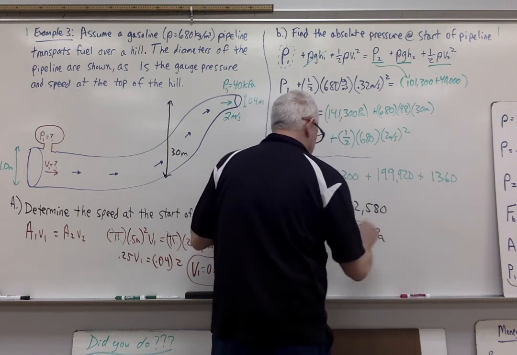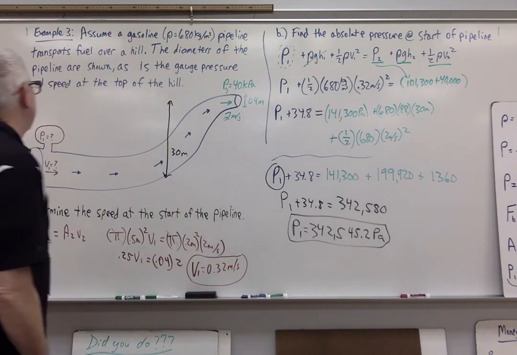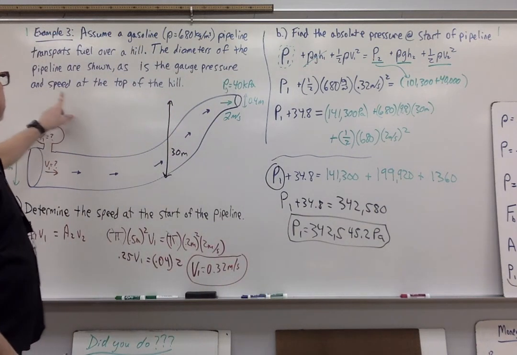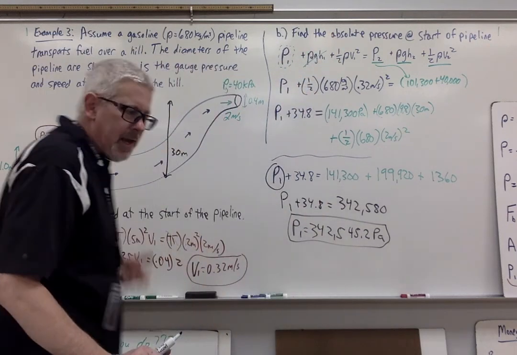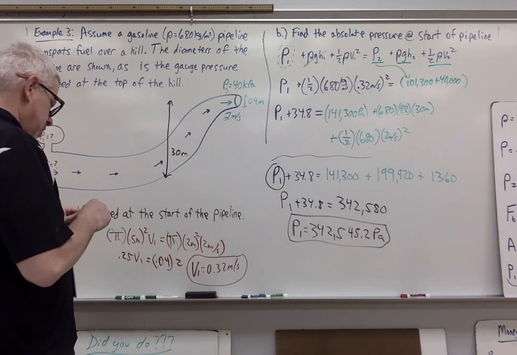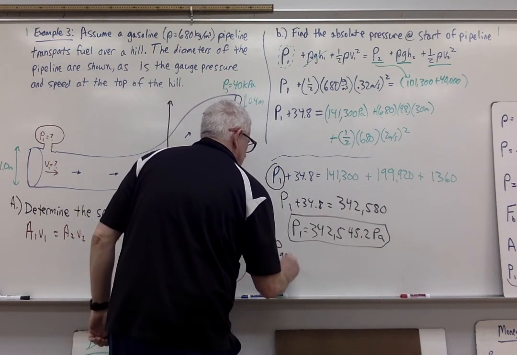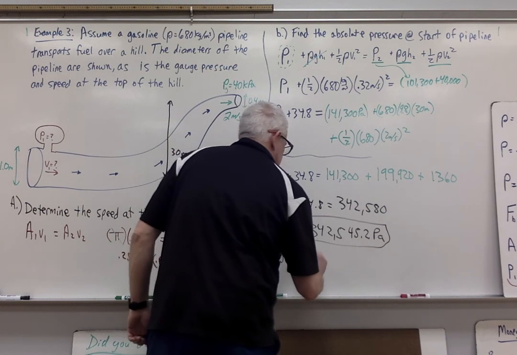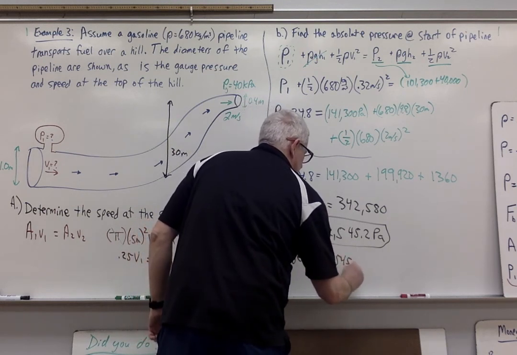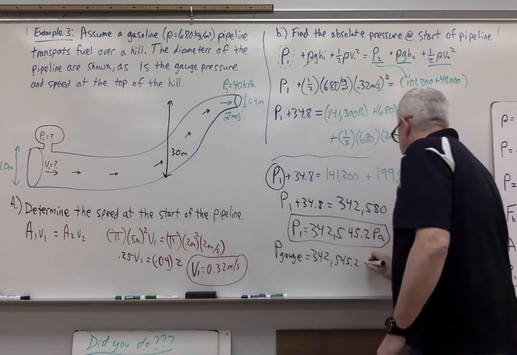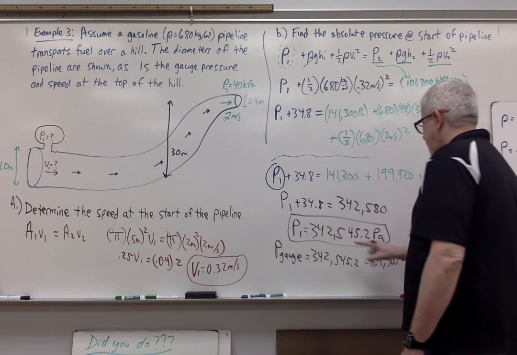That is the absolute pressure at P1. But I'm asking to find, oh, I did ask to find that. If I was asked to find the gauge pressure at that, I could say P gauge equals 342,545.2 minus 101,300. And this really should be rounded.